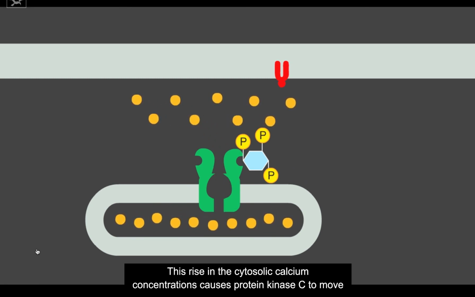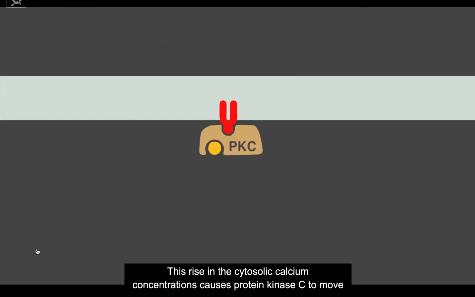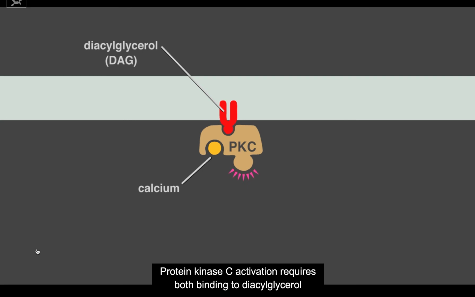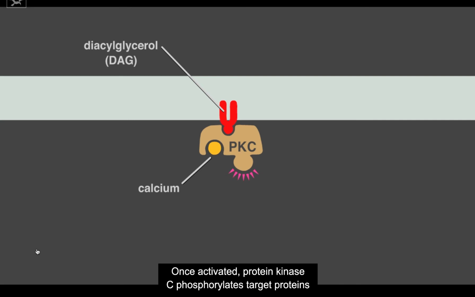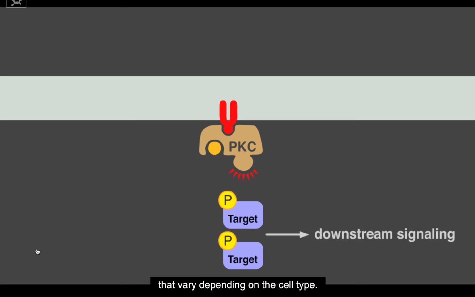This rise in the cytosolic calcium concentrations causes protein kinase C to move to the plasma membrane, where it is activated in turn. Protein kinase C activation requires both binding to diacylglycerol and the continued presence of calcium ions. Once activated, protein kinase C phosphorylates target proteins that vary depending on the cell type.